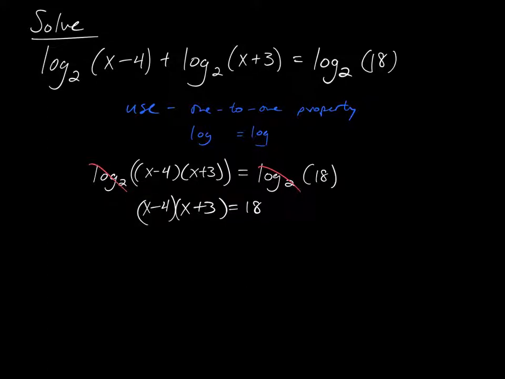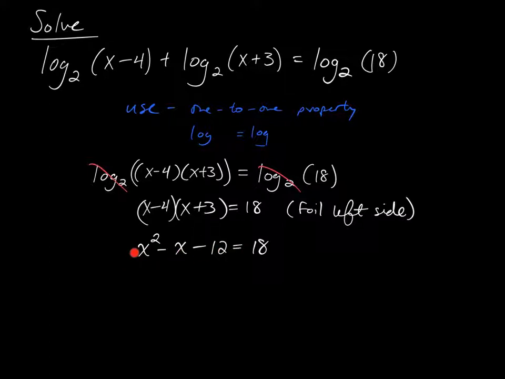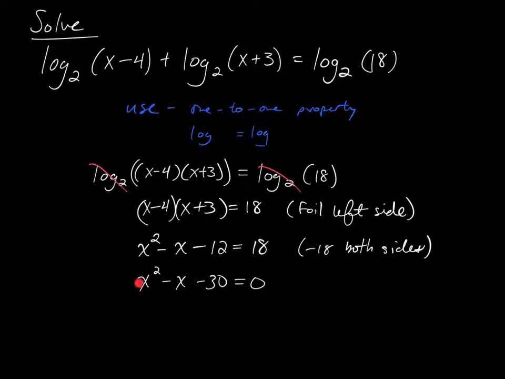Well, this feels like it's going to be quadratic because I have a binomial and another binomial, so I should FOIL this out. And this is definitely quadratic at this point. In order to solve something quadratic, we need an equals 0, so I'm going to subtract 18 from both sides. This gives me x squared minus x minus 30.